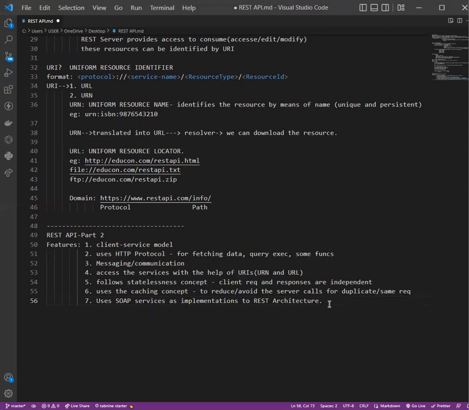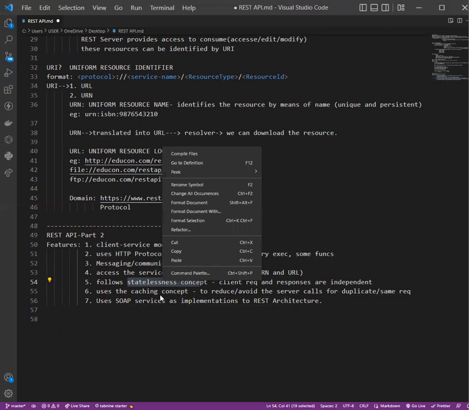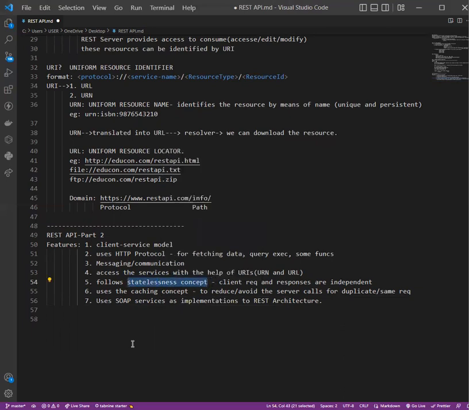So now I will discuss the statelessness concept in REST APIs.